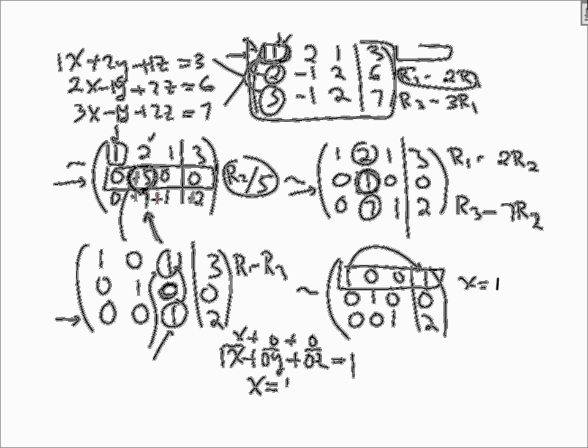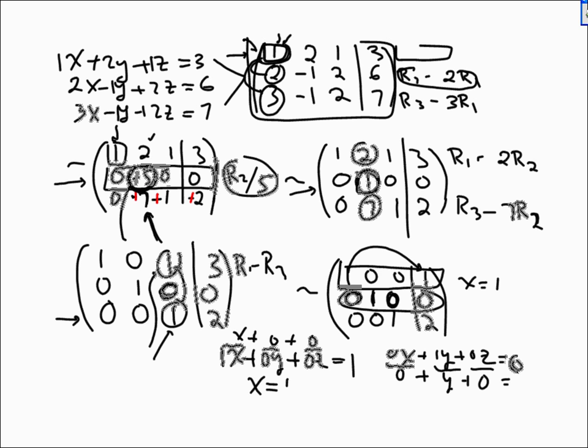The second row says 0 x's plus 1y plus 0 z's equals 0. But 0 x's are 0, plus 1y is y, 0 z's are 0. So 0 plus y plus 0 is just y. So y equals 0.